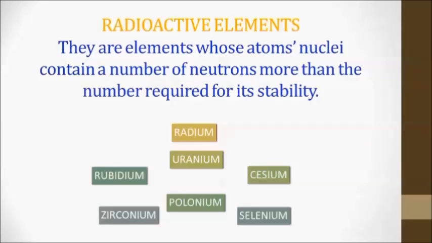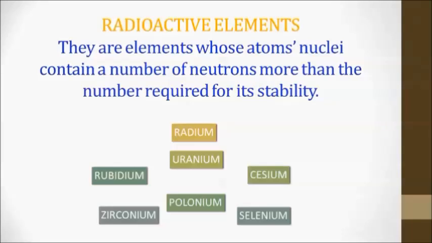The difference between them is that a normal element has a small number of neutrons inside its nucleus, but a radioactive element has a large number of neutrons inside its nucleus. So this large number will have much energy, so it needs to lose some of this energy to become stable.